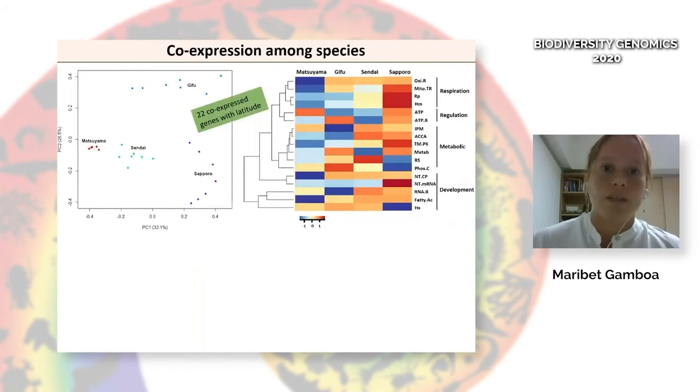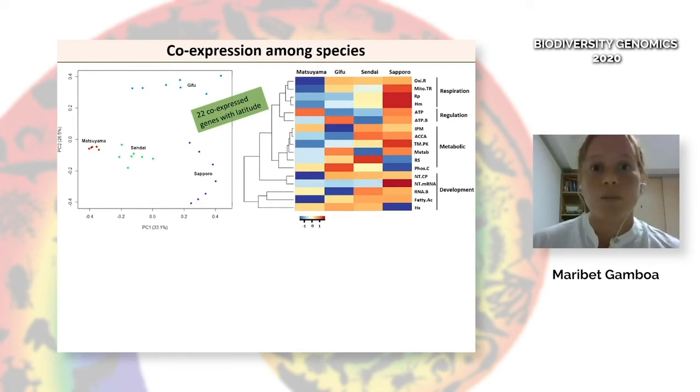And to study the co-expression among the species, I did co-expression analysis, and I obtained 22 co-expression genes highly associated with the latitude. And these 22 genes clustered the species in 4 different groups, which is what I expected.